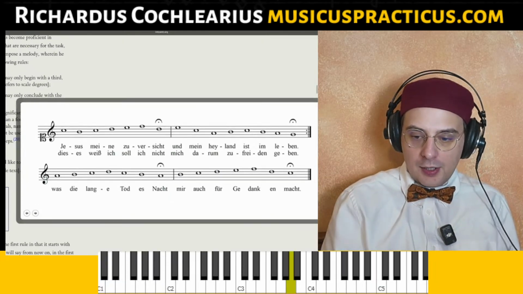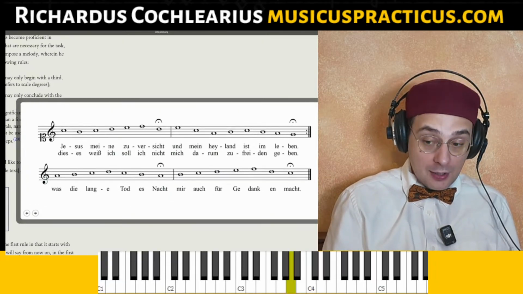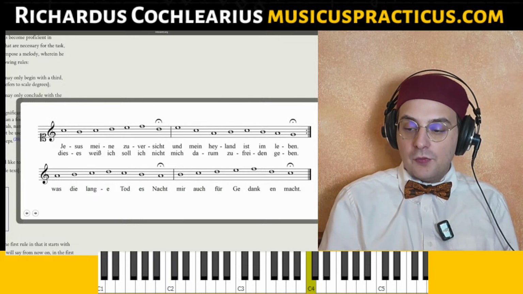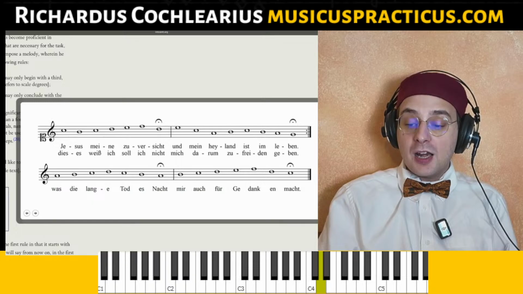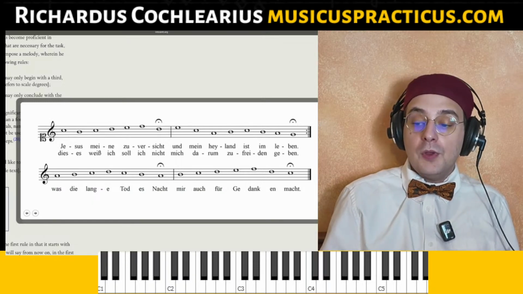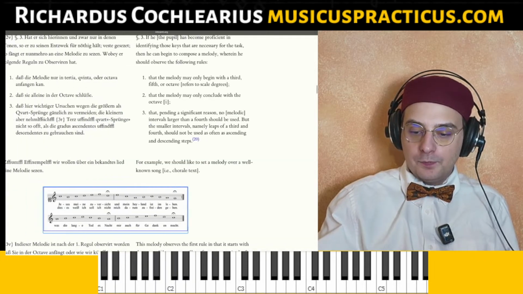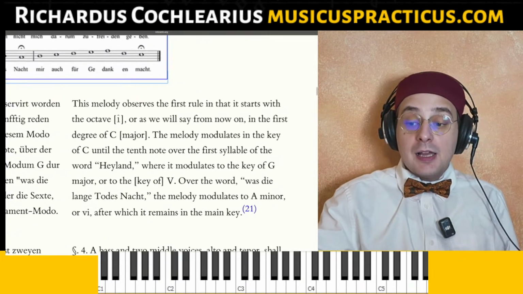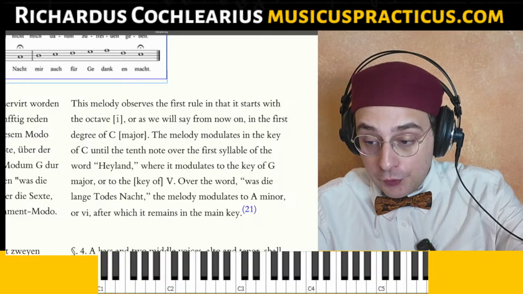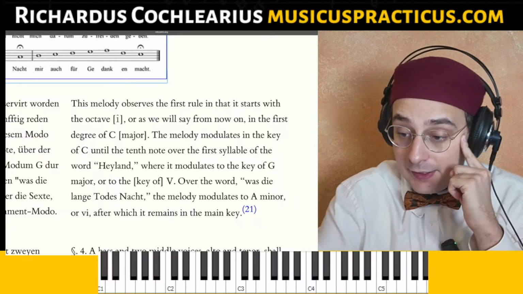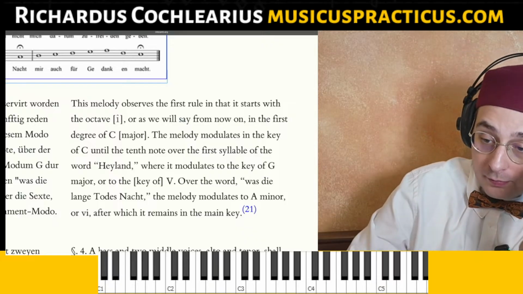Then re, mi, fa, sol, fa, mi, re, degree 1 of A minor, mi, fa, sol, la, fa, re, ut, where we have degree 1 of C major. This is the framework.